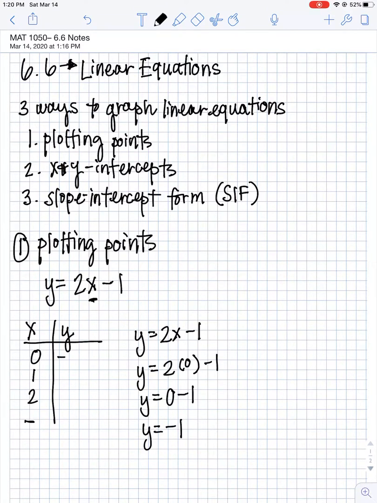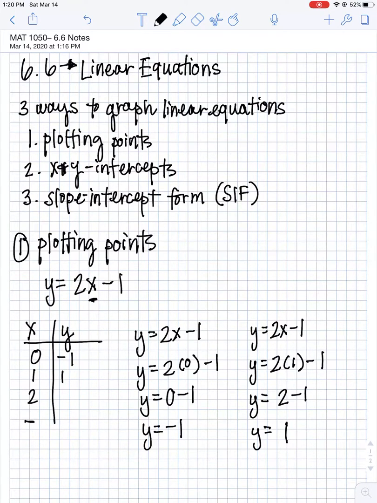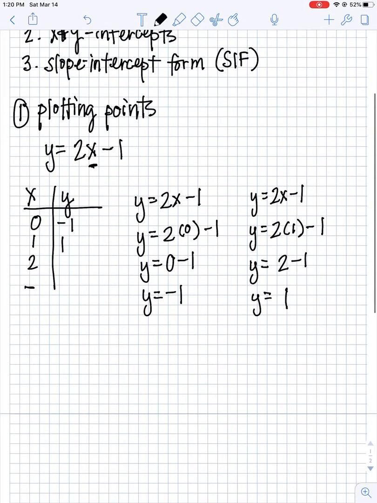So when I plug in 0, I get out a negative 1. Okay, let's go do it again. Again, the equation is y equals 2x minus 1. And now we chose to plug in 1, so y equals 2 times 1 minus 1. So that's y equals 2 minus 1, which means y equals 1. So when I plug in a 1, I actually got out a 1.